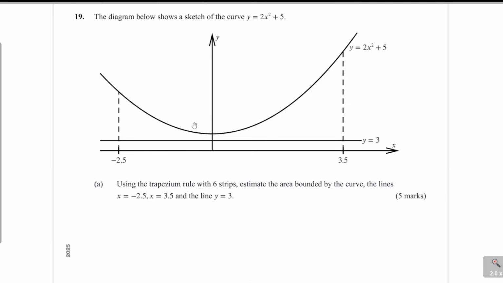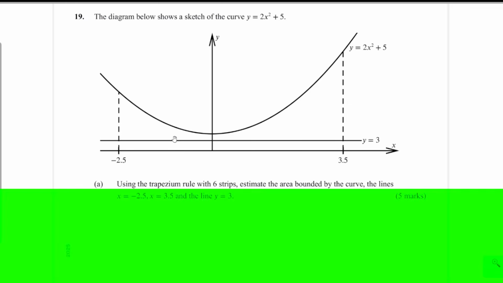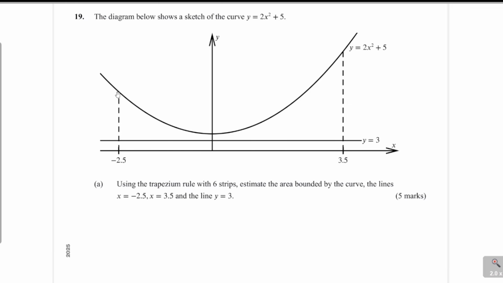So you need to identify the area bounded by these lines. This is the area that you need.